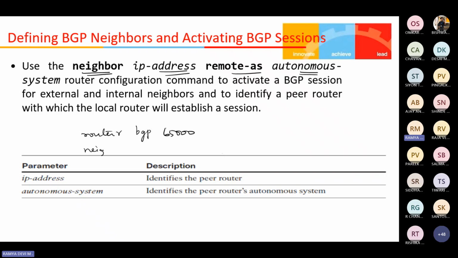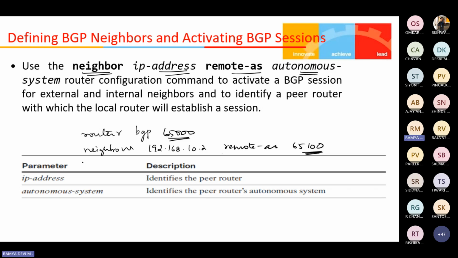Then I can provide the neighbor, providing the IP address 192.168.10.2, remote-as 65100. So this is the local autonomous number, and this is the neighboring autonomous system. The local is 65000, and the neighbor is 65100.